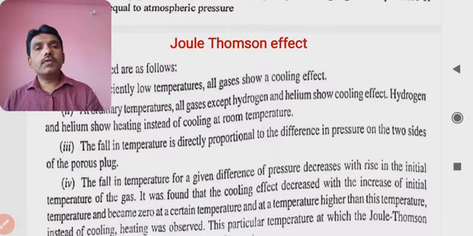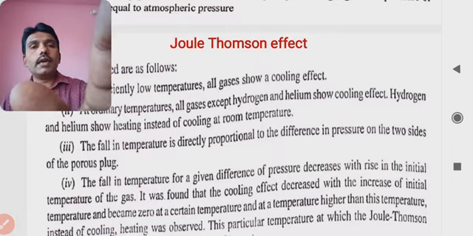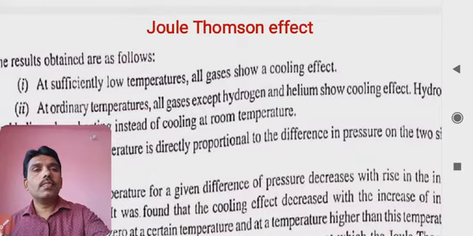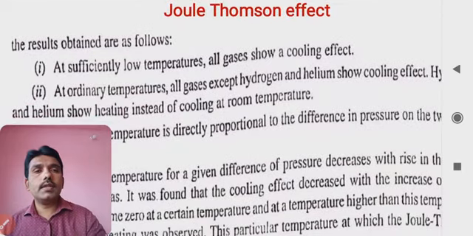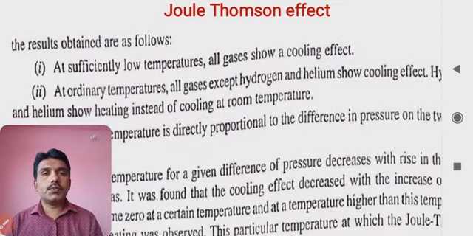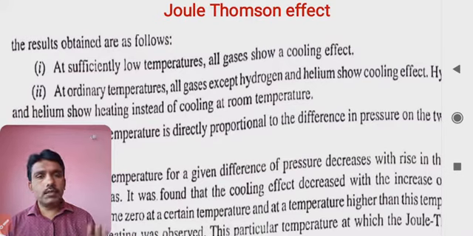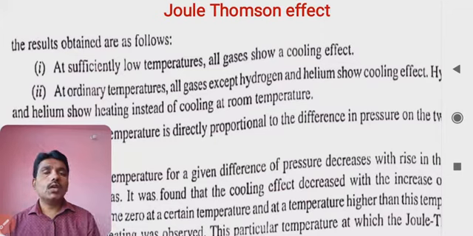Now, in general, what are the results for different gases when this Joule Thomson experimental setup is used? At sufficiently low temperature, at the very beginning stage, all the gases show the cooling effect.